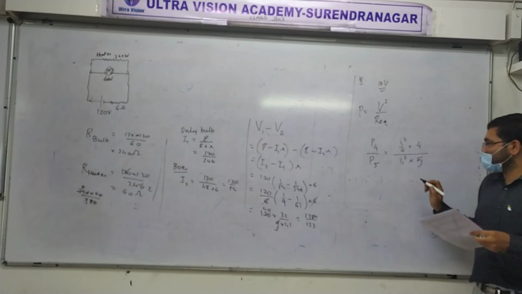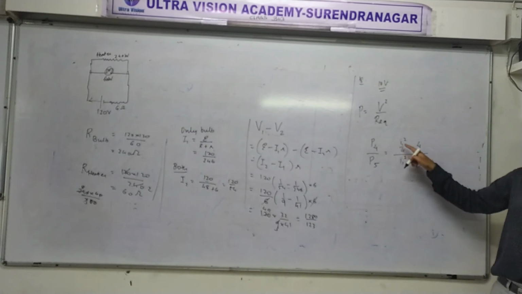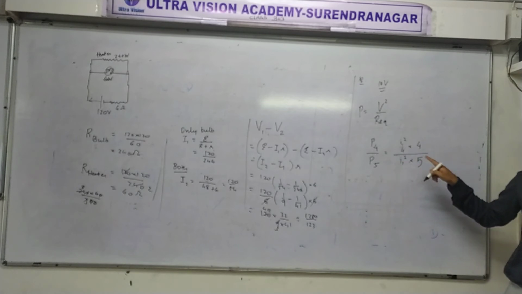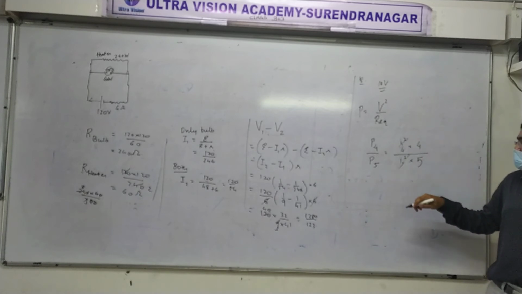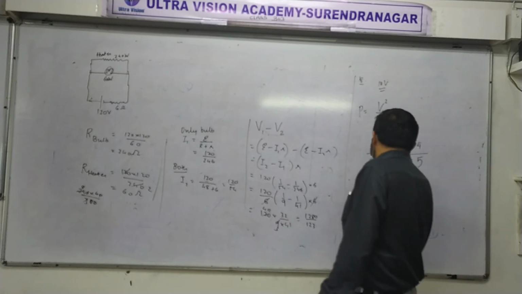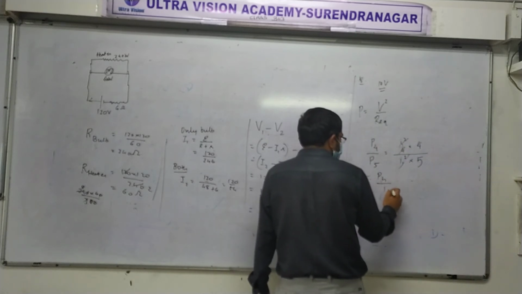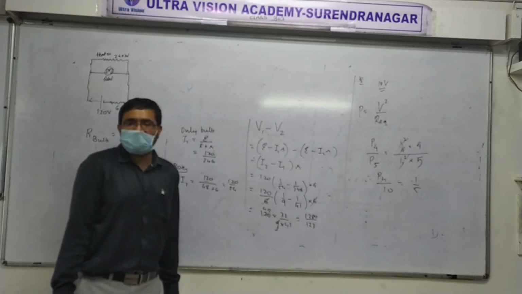Is this clear or not clear? Now P4 is I square R, P5 is I square R. Got it or not? I1 square cancel, પછી 4 4 cancel. હવે P5 ની વેલ્યુ છે again 10, equal to this. Understood?